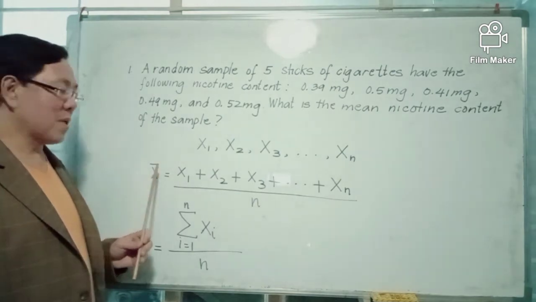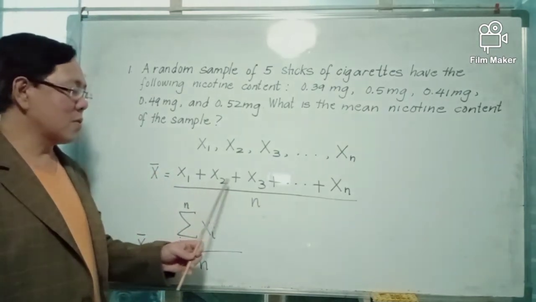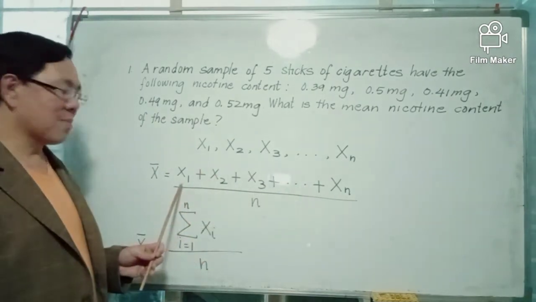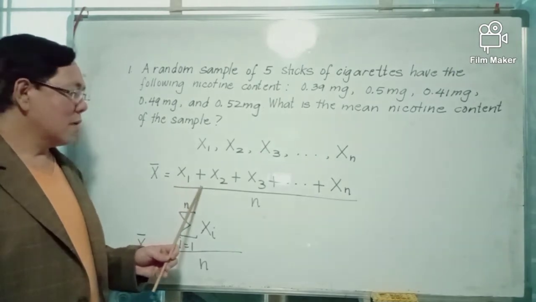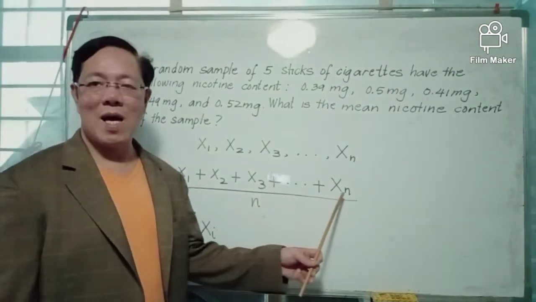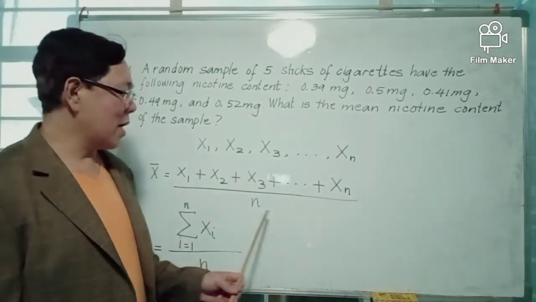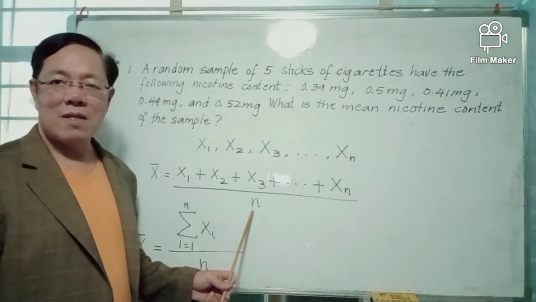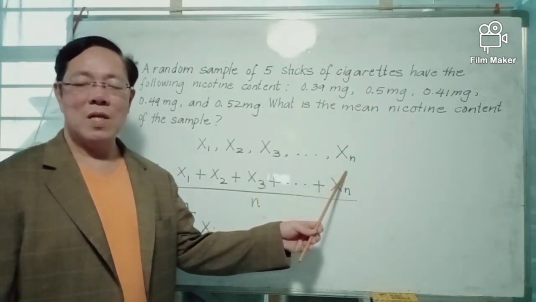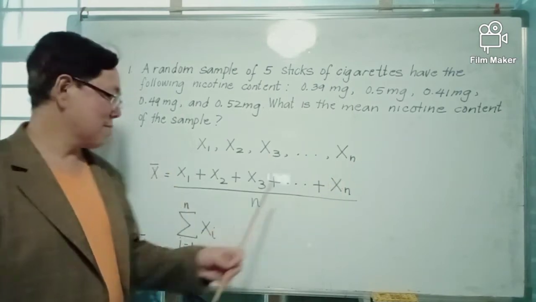X bar is the mean of the sample, and it is the sum of the values x1 plus x2 plus x3 plus up to x of n, and the sum is divided by n, where n is the number of data values from the sample.